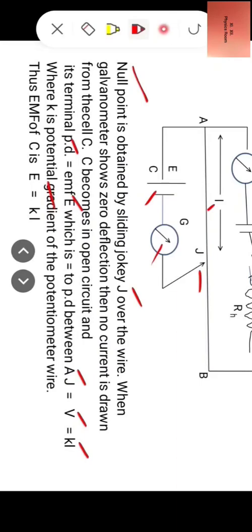Thus EMF of cell C is E, which is equal to K into L.